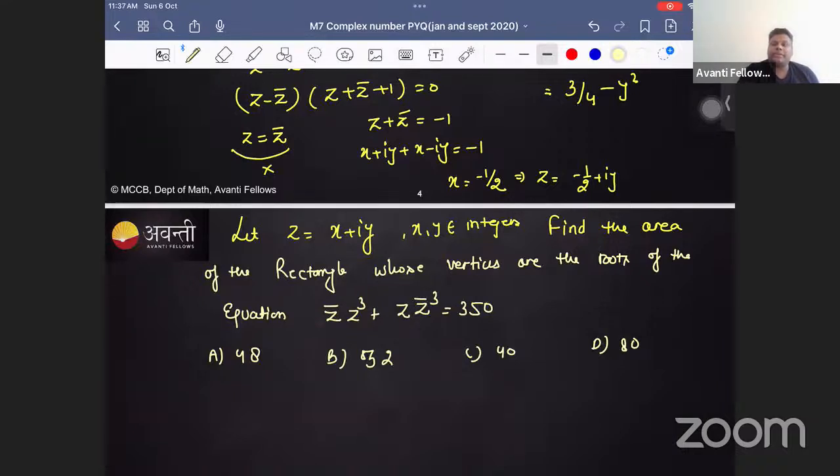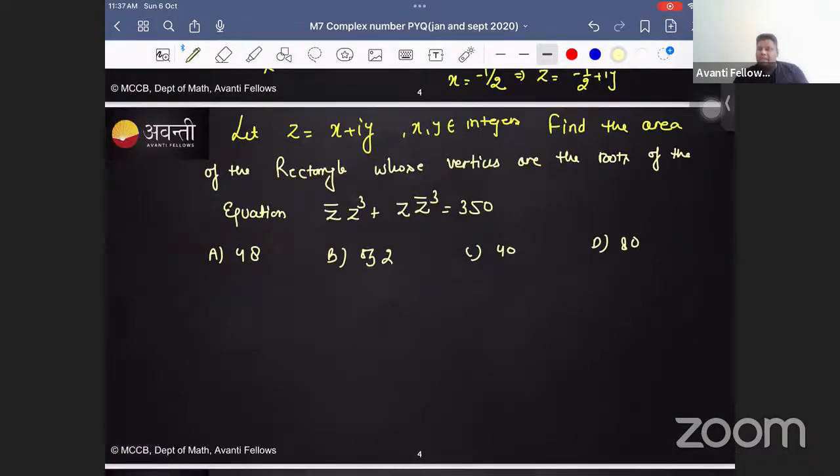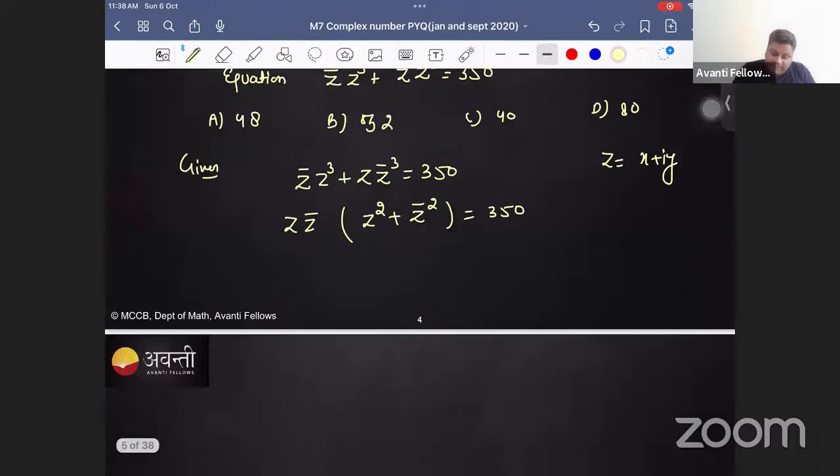Now see, let me start. This question involves a different kind of concept, but it's not too tough. Nothing much to do, just you have to make one or two cases. See, given is z bar z cube plus z z bar cube is 350. Now if you take z bar z common, you get z square plus z bar square as 350. Now if I assume z is x plus iota y, then z bar z will be x square plus y square.